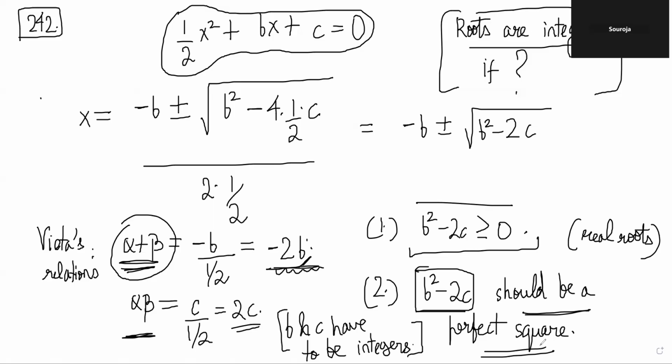Okay, so what you need to do is keep trying. See, ultimately we have to attempt till 270. We should attempt till 270.